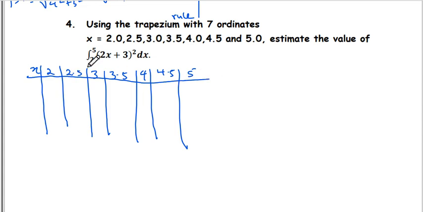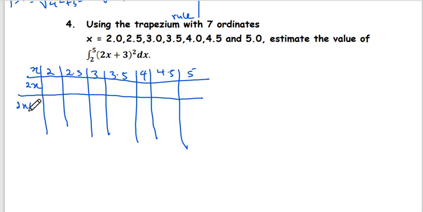Now here we have 2x, this 2x here, then 2x plus 3, then 2x plus 3 squared.